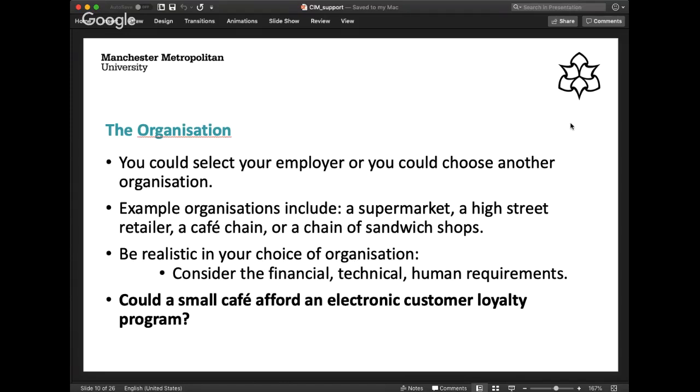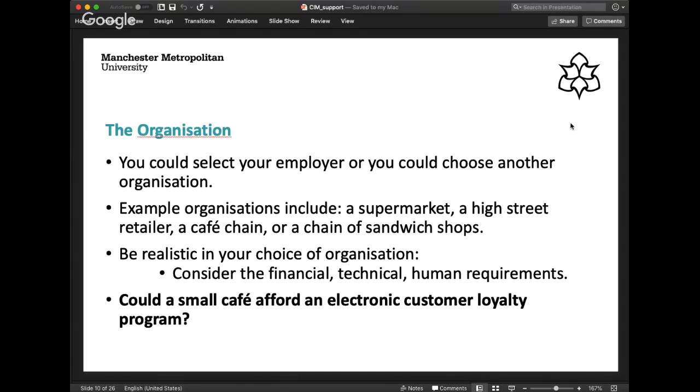So what I would say to you is, when you are picking this, pick an organisation that you're going to find a lot of data for and would realistically have all of those things. What I would suggest is organisations such as big supermarkets, or some of the smaller supermarkets like Booths would still have the resources to do these sorts of things. A high street retailer such as HMV, H&M, Topshop, a cafe chain such as Costa Coffee, Starbucks, or a chain of sandwich shops somewhere like Pret.